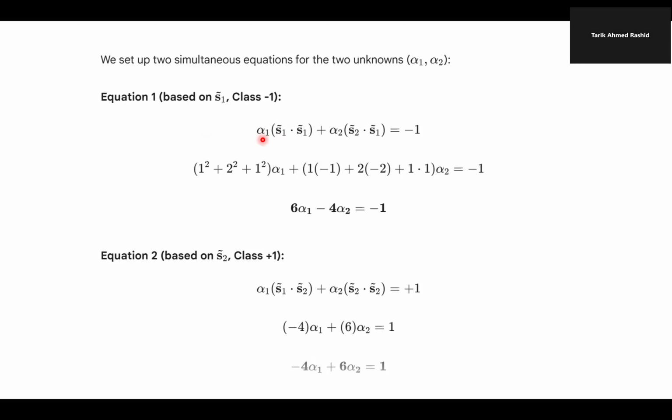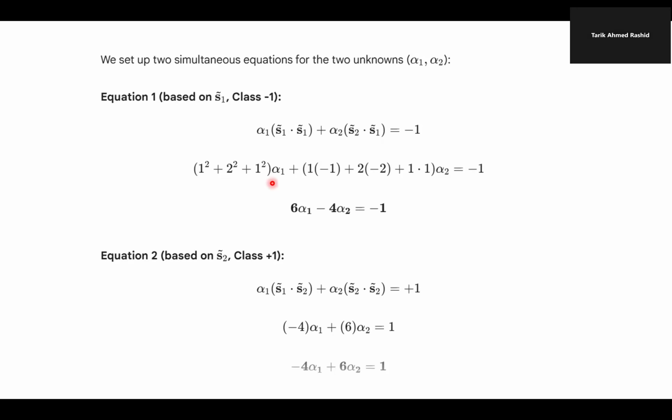So for the first one: alpha 1 support vector 1 multiplied by support vector 1, plus alpha 2 support vector 2 multiplied by support vector 1, plus alpha 3 support vector 3 multiplied by support vector 1, plus alpha 4 support vector 4 multiplied by support vector 1, and so on for class 1.